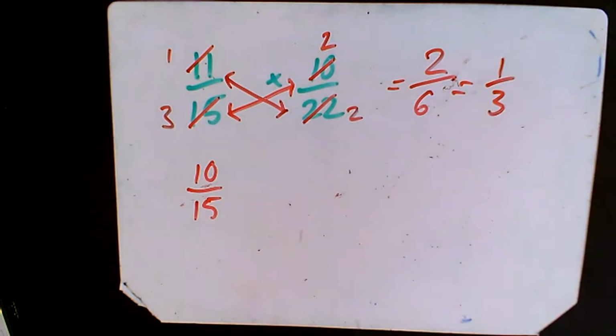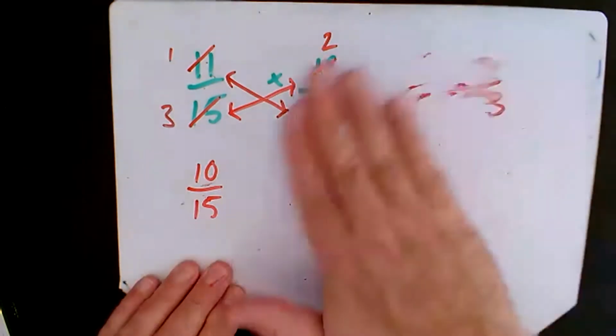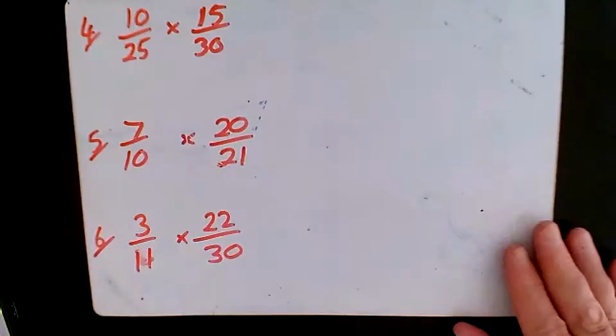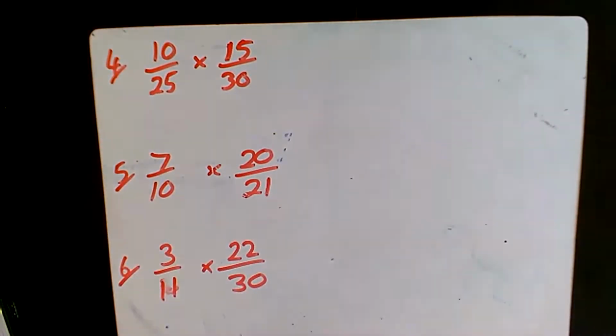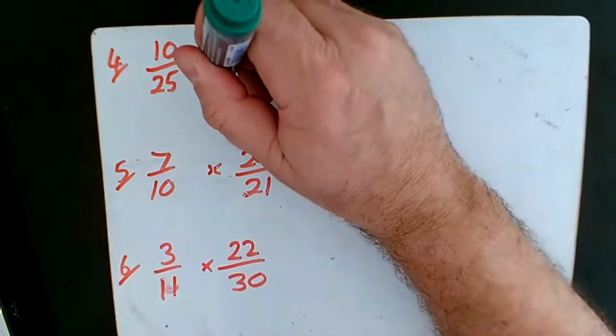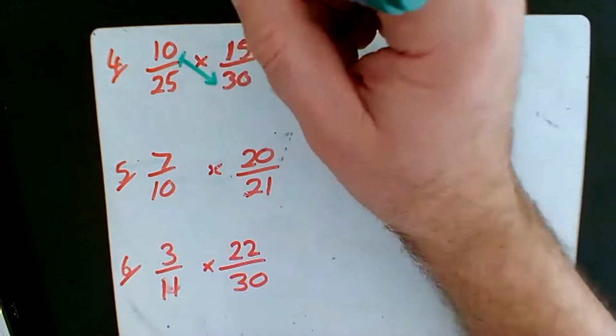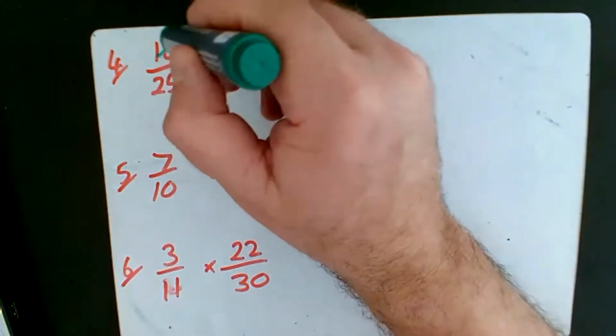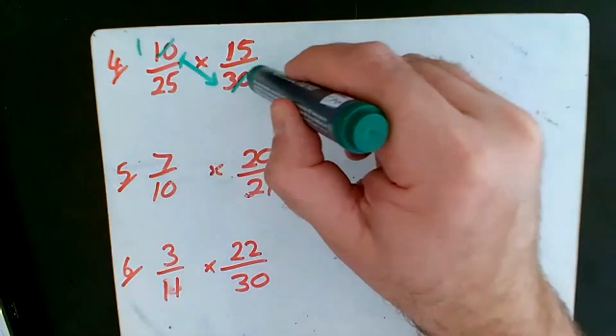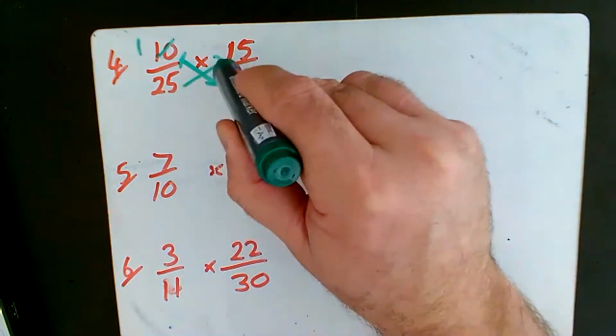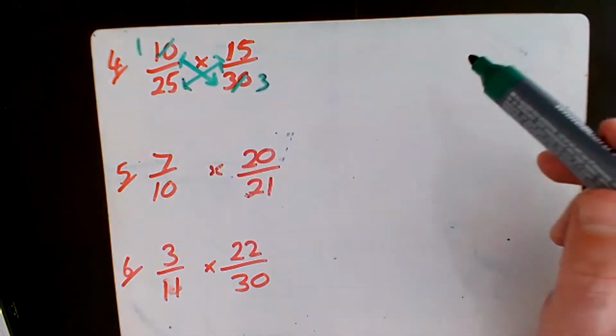Cross simplification. Now some of these questions will require cross simplification, others won't. All these require cross simplification. I'm going to start you off on the first one, okay? So you write down the question, then you draw in the arrows and see if you can cross simplify. Can I cross simplify here? I know that 10 goes into them both. Yeah, 10 goes into itself once. Can I cross simplify there? Yeah, 5 goes into them both, isn't it?